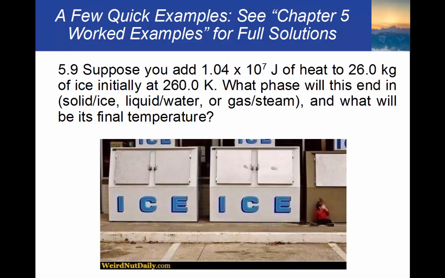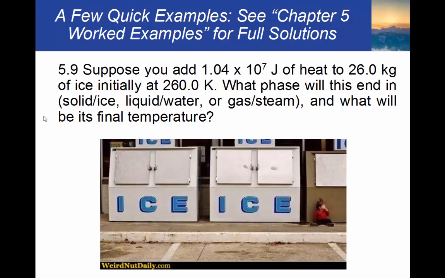So what will the final phase of this be, and what will be the temperature of the water or ice or steam after it has absorbed all of this energy?